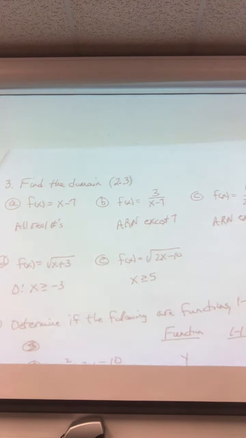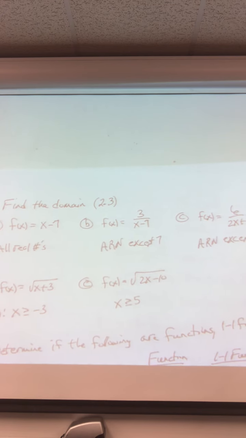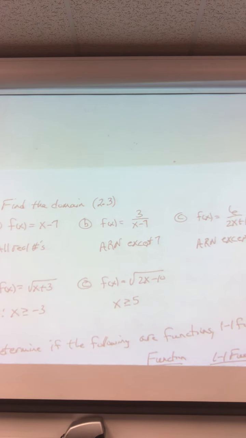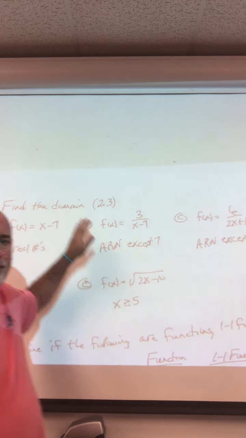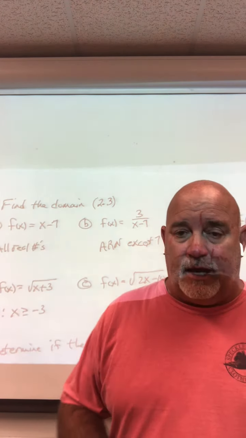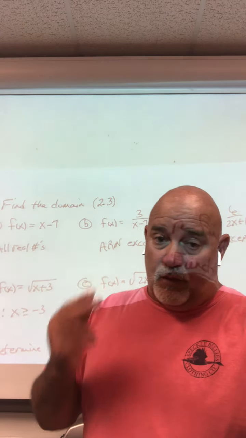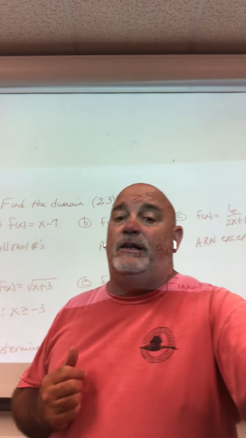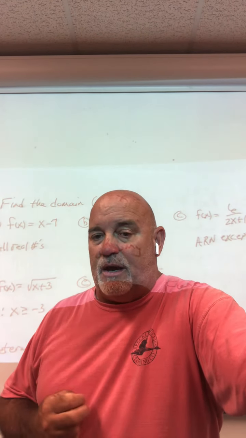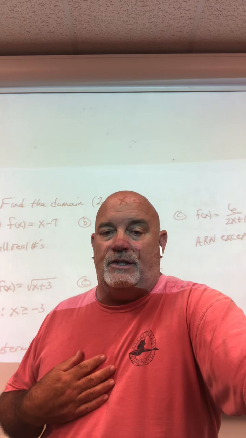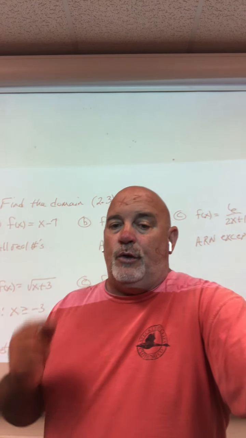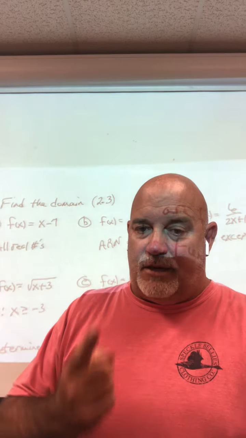Okay? Now, let me remind you right quick how to do these. Domain of equations. Now, I told you in the notes when we went over this in 2.3, I said there's 2 things you have to watch for in domain of equations. Number 1, you can't allow division by 0.